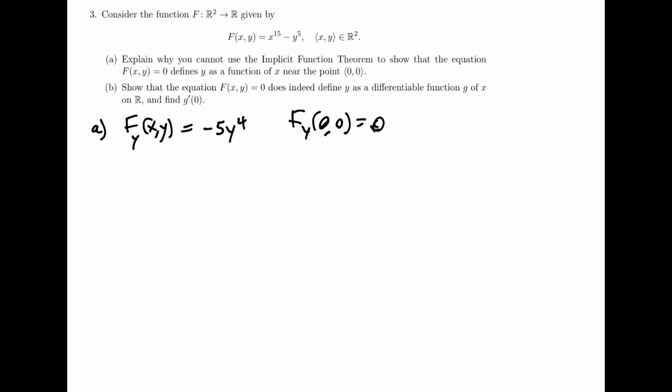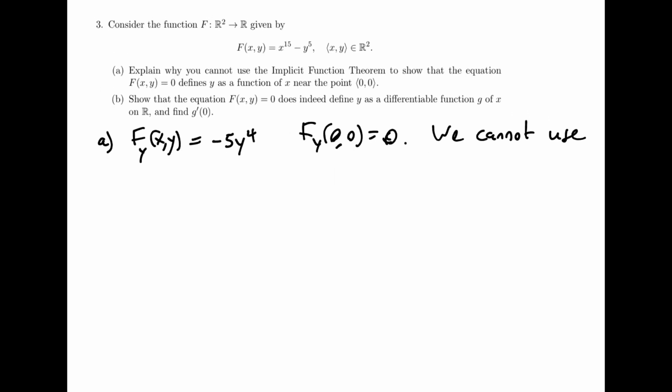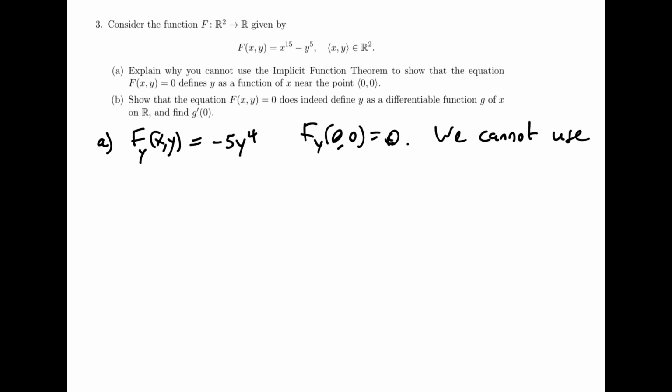So here we see that, let's write it out, we cannot use the implicit function theorem because this derivative is equal to 0, and the implicit function theorem tells us that it only works if the derivative is non-zero.